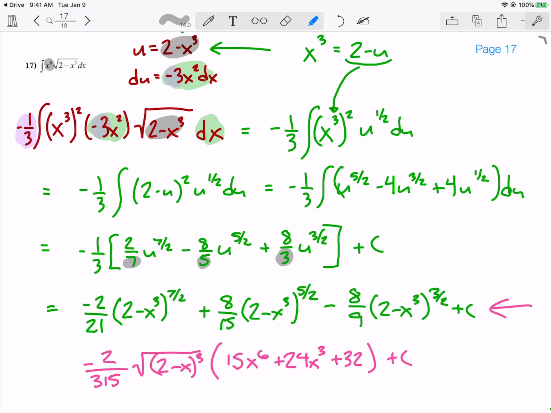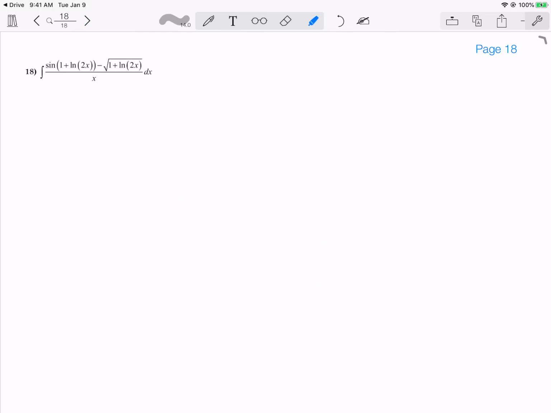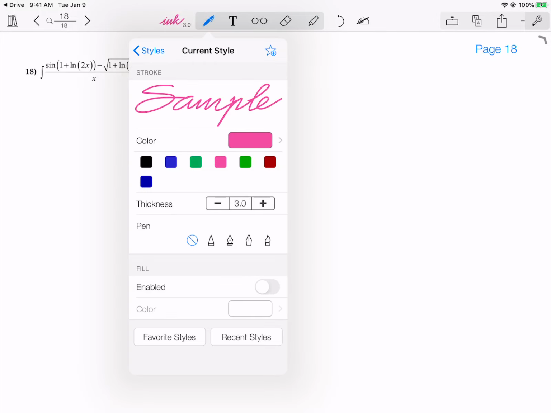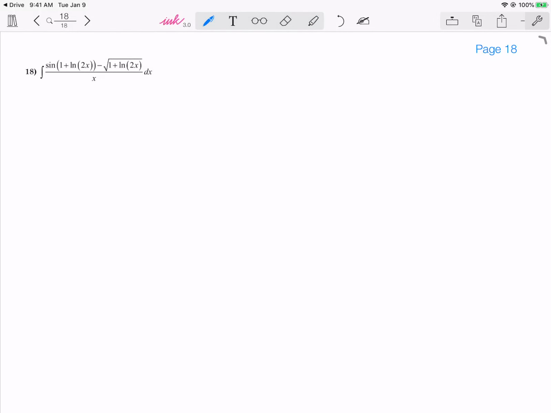Well, our u involved an x cubed. Well, the exponent 3 is a divisor of 6, which is how many x's we had left over. So that's a common situation where you'll end up replacing part of what remains in terms of x with your u sub. Last question, and this is just a fun hodgepodge of stuff.